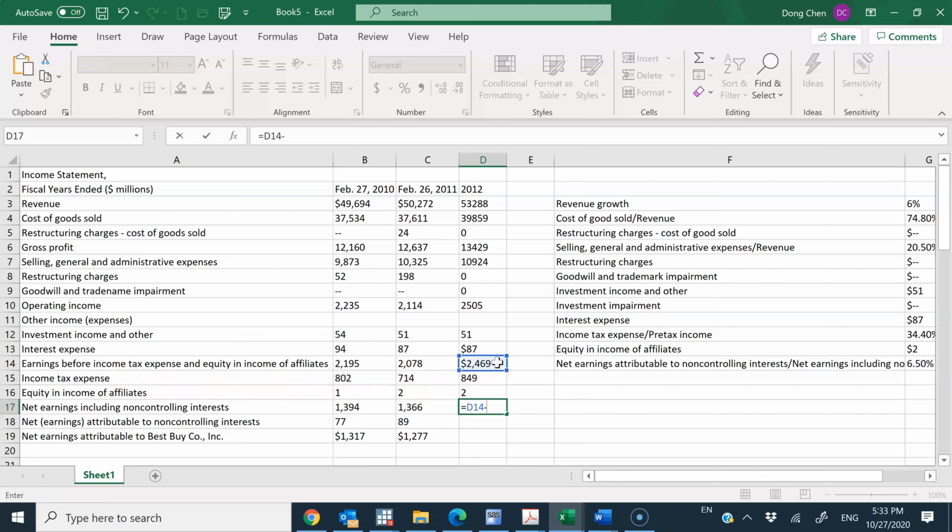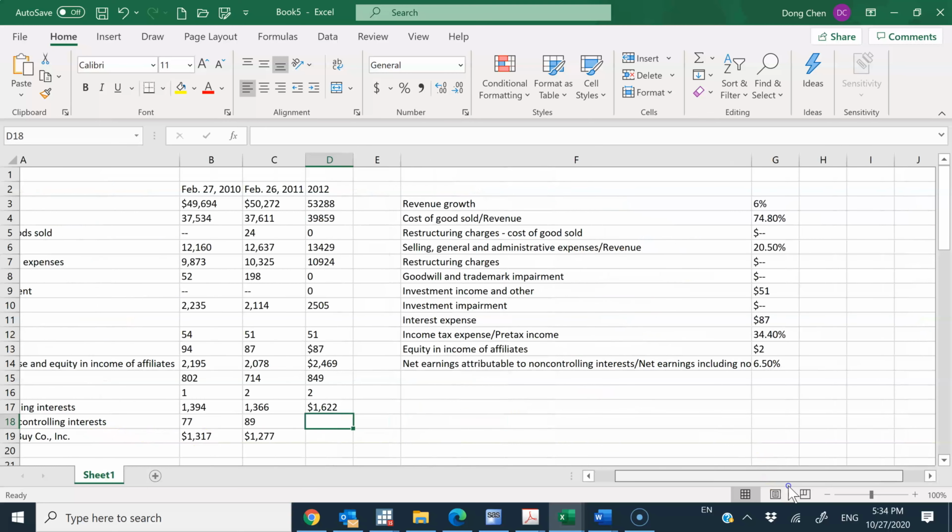So that minus that, and then we need to add these two. So that's my net earnings including non-controlling interest.